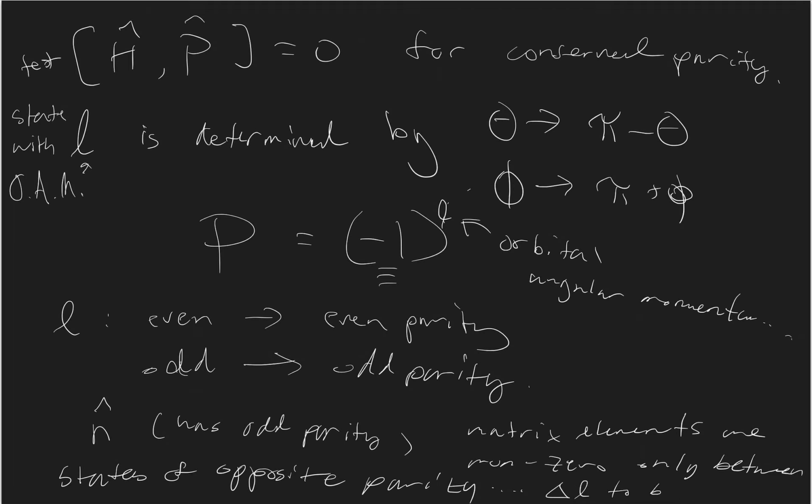And so this would then require delta L to be odd. Do you see what I'm saying? So delta L would be required to be odd, and it's non-zero only between the states of these opposite parities, if this radial position vector, or the polar vector, because it's in polar coordinates. So, I think that's something to practice and wrap your brain around. But we're going to move on.